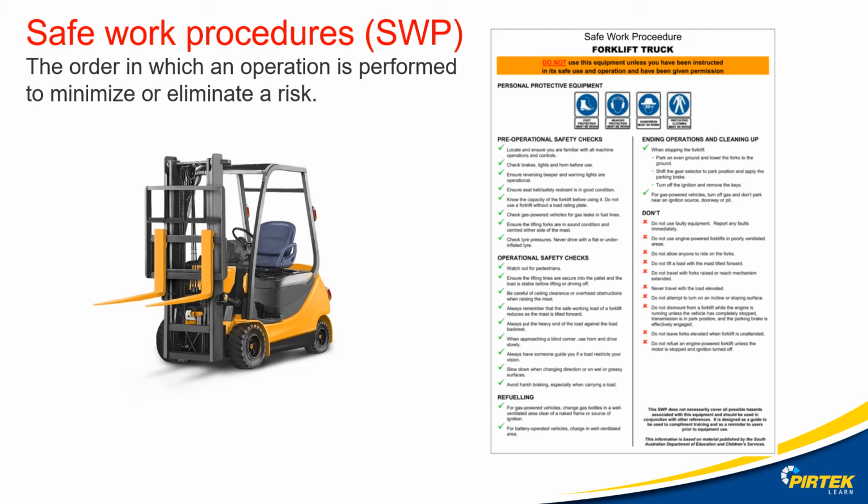This is basically a how-to-do-something document, like use a crimper or use a forklift. It's basically the order in which an operation is performed to minimize or eliminate a risk.